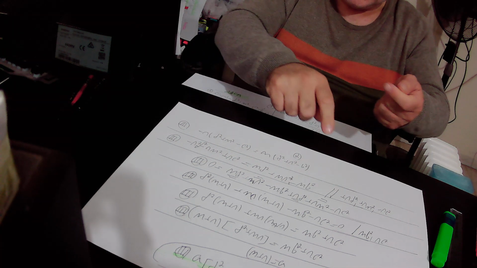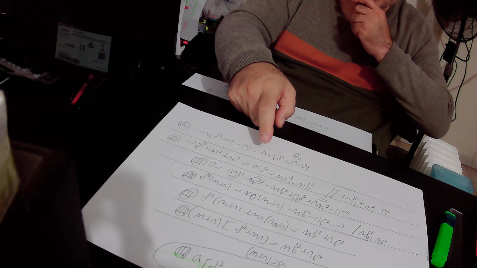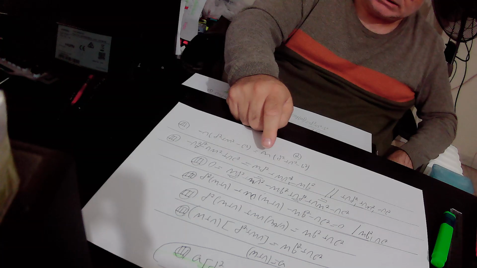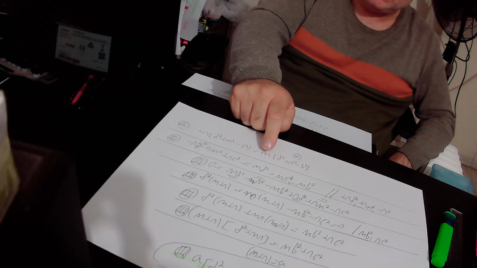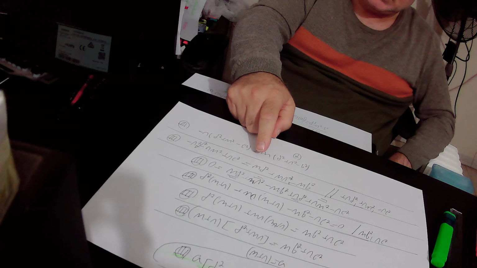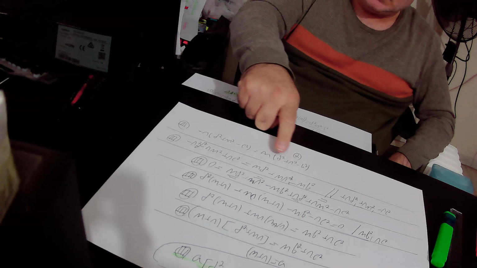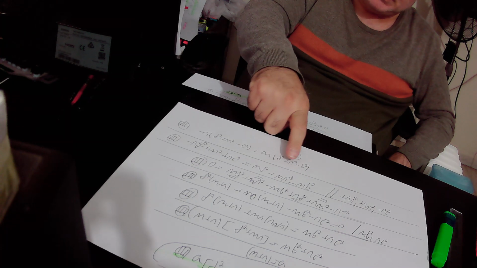We did the same operations on the other side of equation number 3, where we already have the expression MD square plus MN square plus MB square.